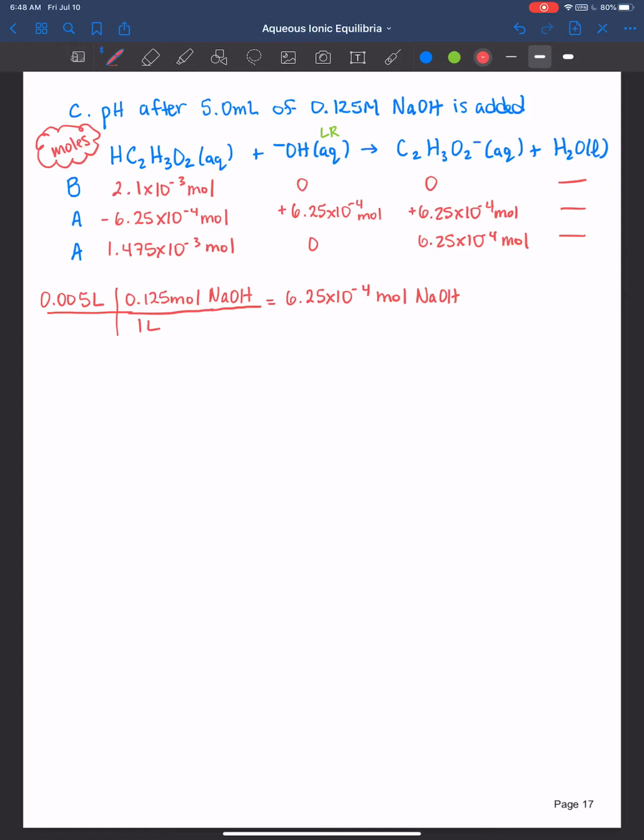All right, so always ask this question here. What's in my beaker? What's in your beaker at this point in time after you've added the hydroxide is acetic acid and acetate.